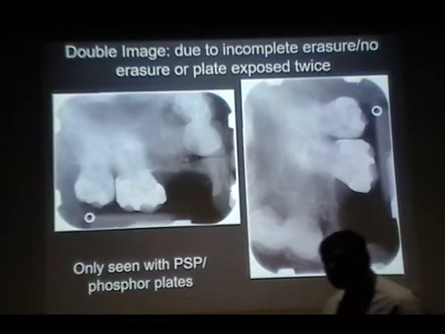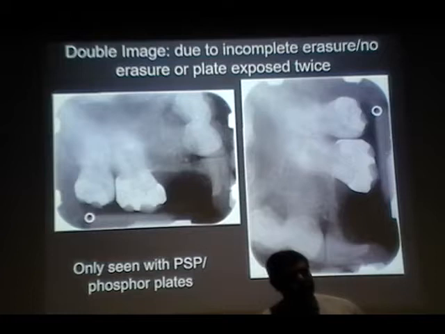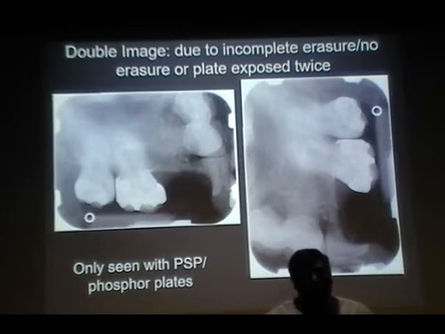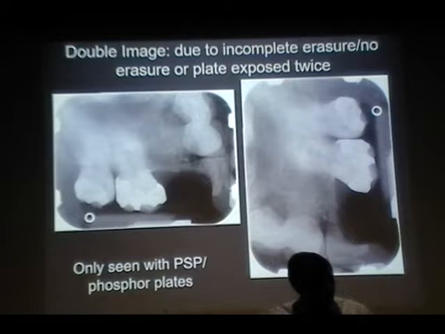Basically, there are three types of sensors or image receptors. One is film, next is PSP plates or phosphor plates. Now what we have is the digital sensors. So with the film, you expose, and then you put it in a processor, you'll get the image that you can see on the film.